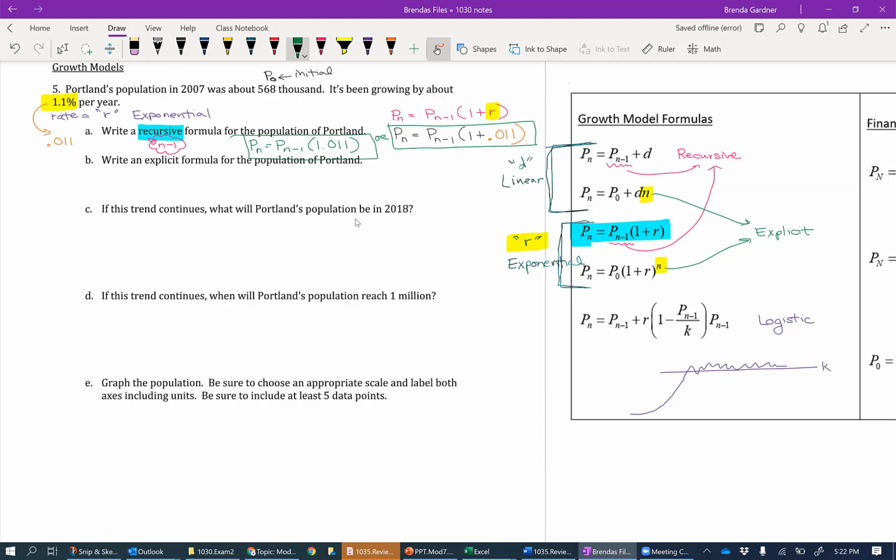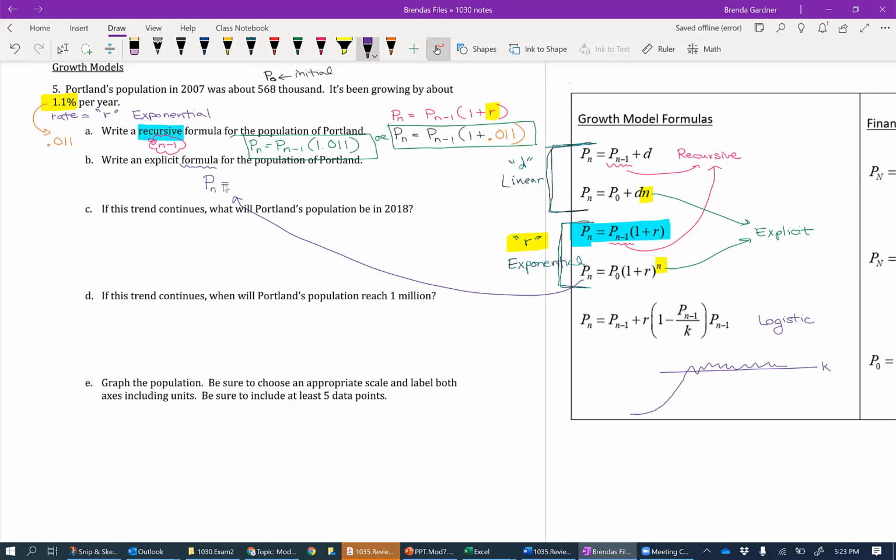Okay, and then B, again, it's wanting you to find a formula, right? So I still am going to have the P sub n and an equal sign. And now I know it's explicit, so that's this second one here.